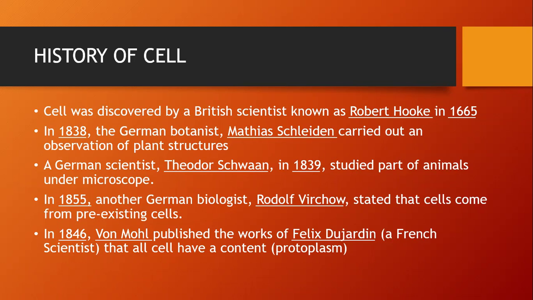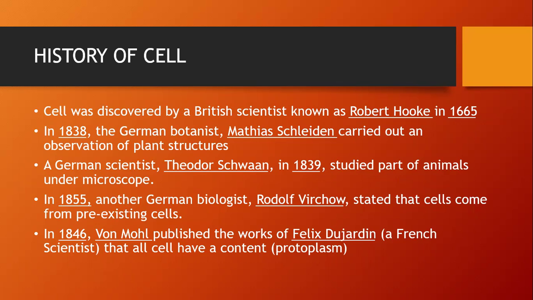Now, during his study, this cork is a part of a plant, okay? It's a part of a plant cell. So during his study of this slice of cork under his microscope, he discovered a pattern of tiny box-like structures. Hence, he used the word cell to describe this tiny box. So he was the first man to use that word cell.